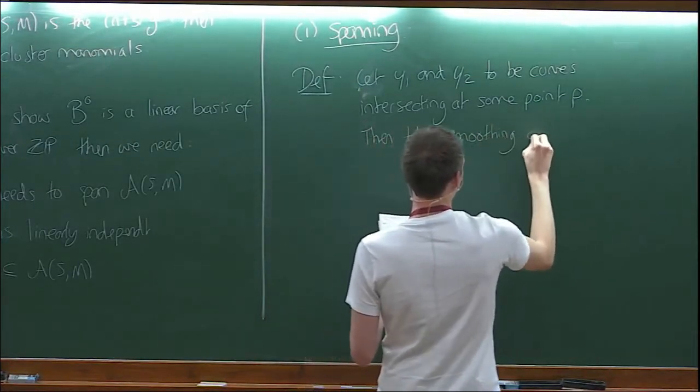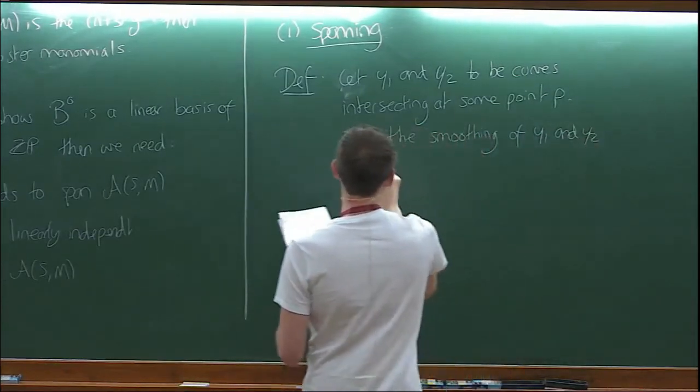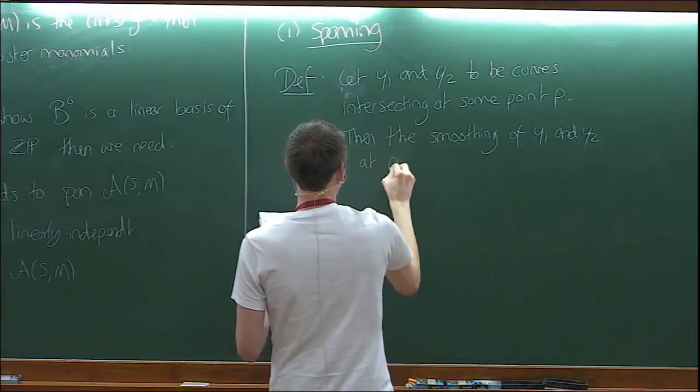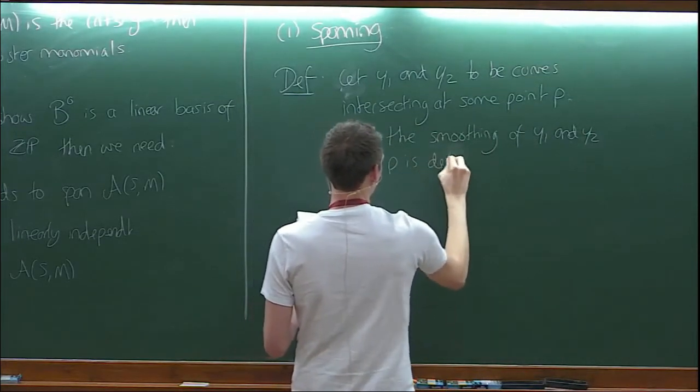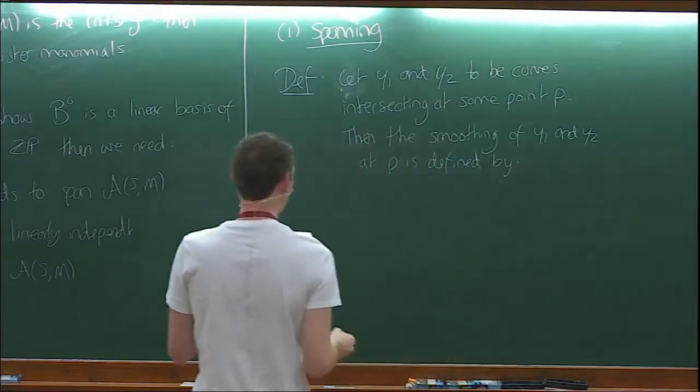So the smoothing of gamma 1 and gamma 2 at P is defined by looking at the following picture.